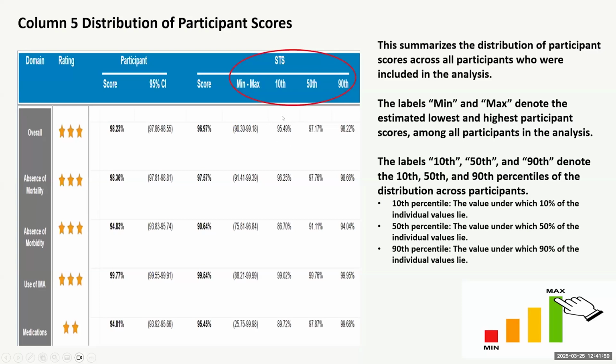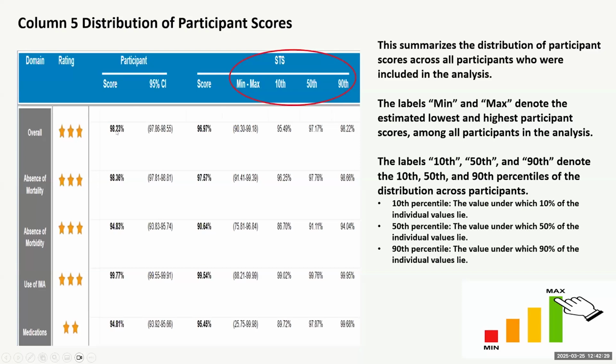So 10% of the people in this group lie under that score. If you look at the 50th percentile, 97.17, 50% are under that number. And if you look at the 90th percentile, 98.2, that score for the 90th, then you've got 90 percent of people being below that score.